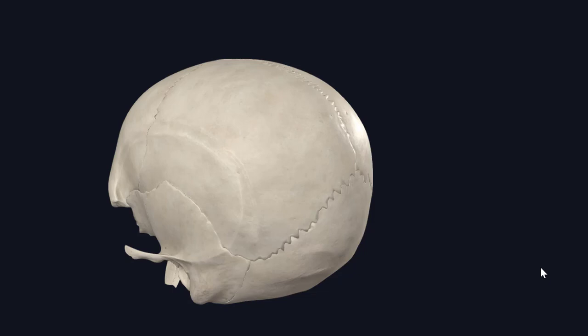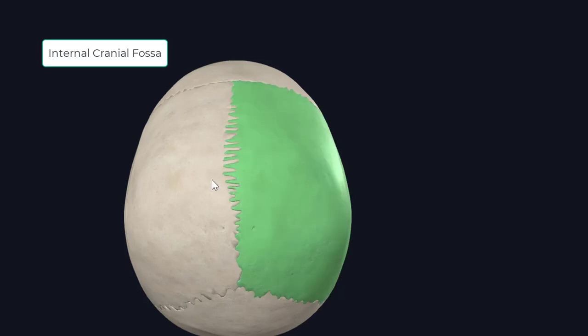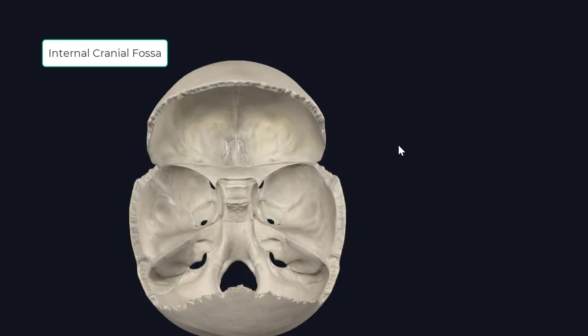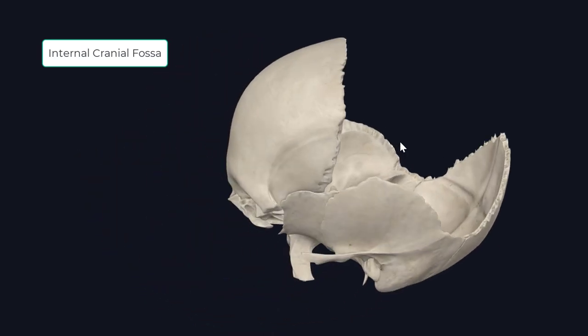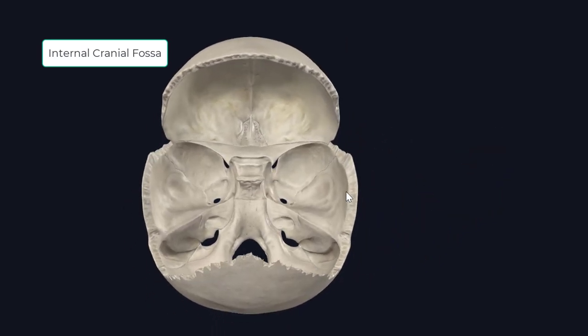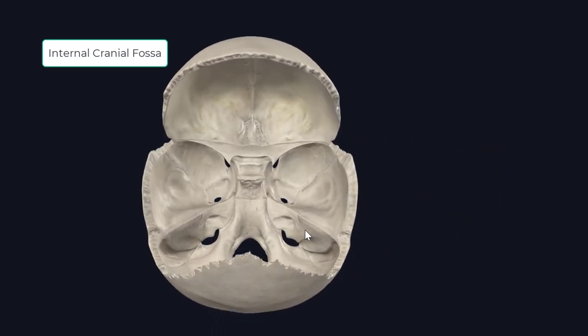Okay, now let's talk about the internal cranial fossa, which is inside the cranial base. There are three distinct depressions called cranial fossae. For that, I need to remove the two parietal bones, and here you have three major depressions.